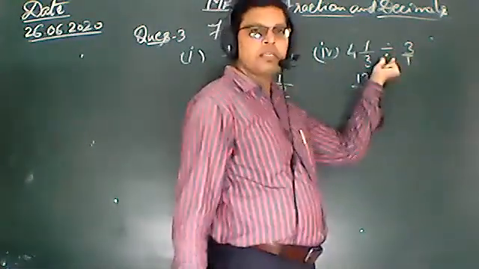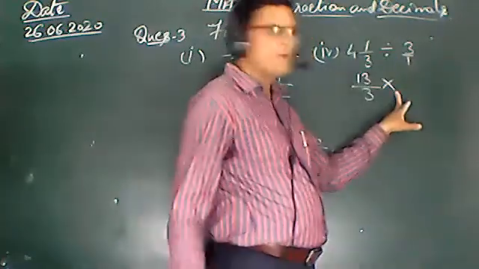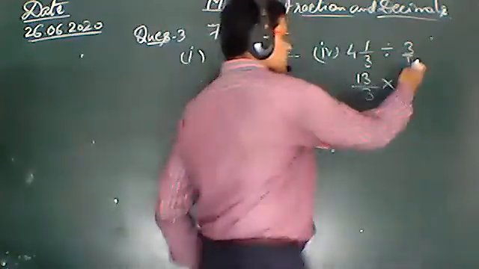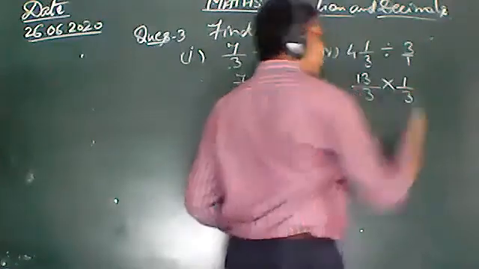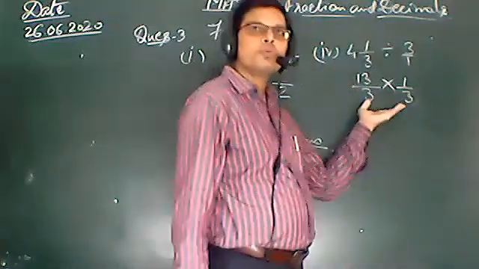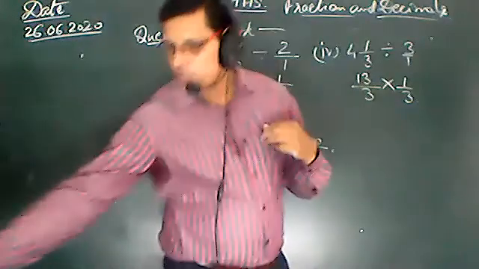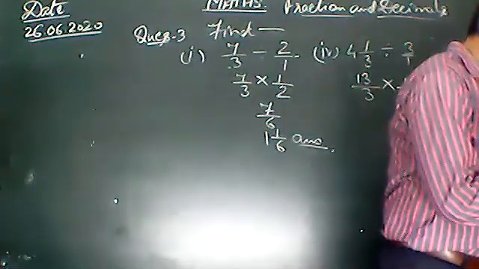And division is converted into the multiple form. We show the sign multiply, and the reciprocal of the divisor part. The divisor is 3, and its reciprocal comes 1 by 3. Now, you simplify if possible. Otherwise, multiply numerator to numerator and denominator to denominator.